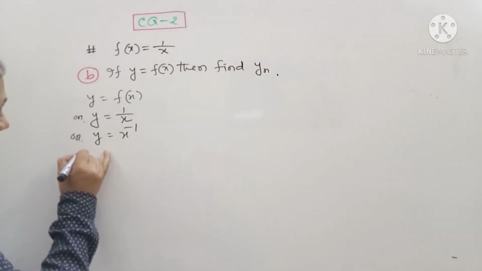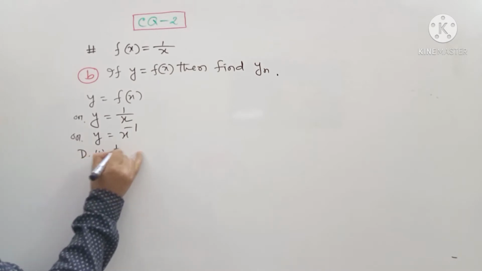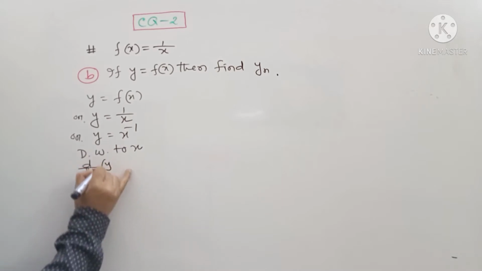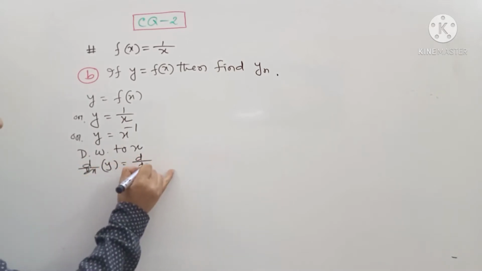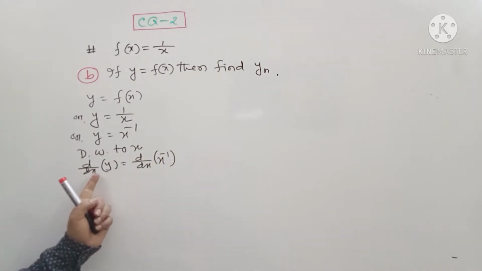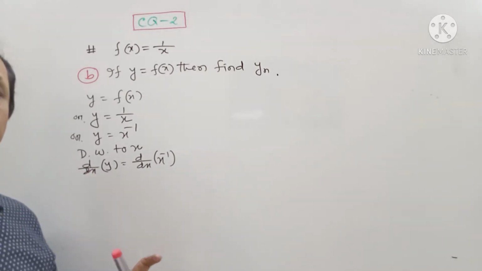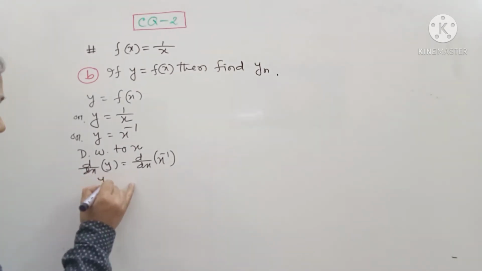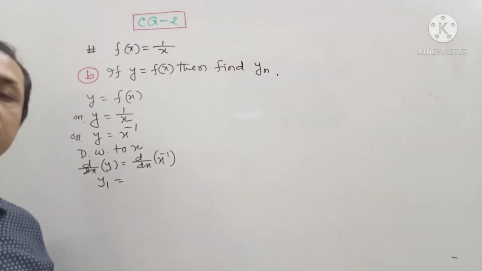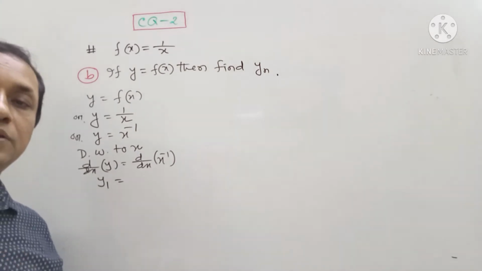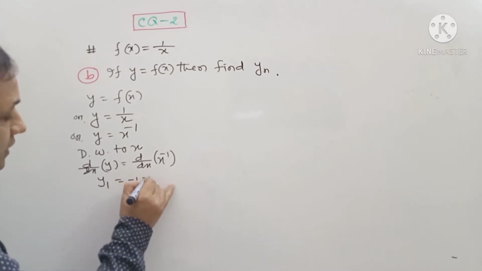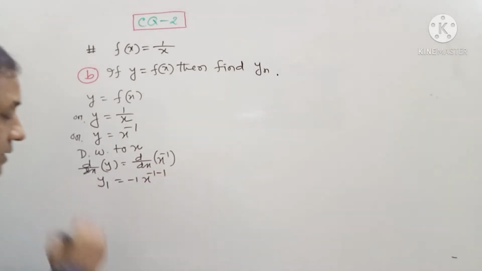Now differentiating with respect to x, so d/dx of y and d/dx of x to the power minus 1. So student, here d/dx of y we can write y1, and minus 1 x to the power minus 1 using the formula d/dx of x to the power n means n into x to the power n minus 1. So take the power to the first position, x to the power minus 1 minus 1.